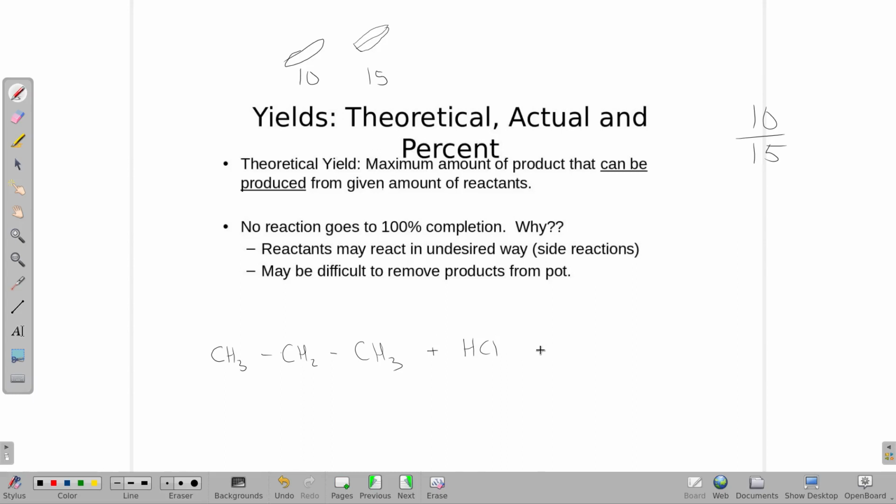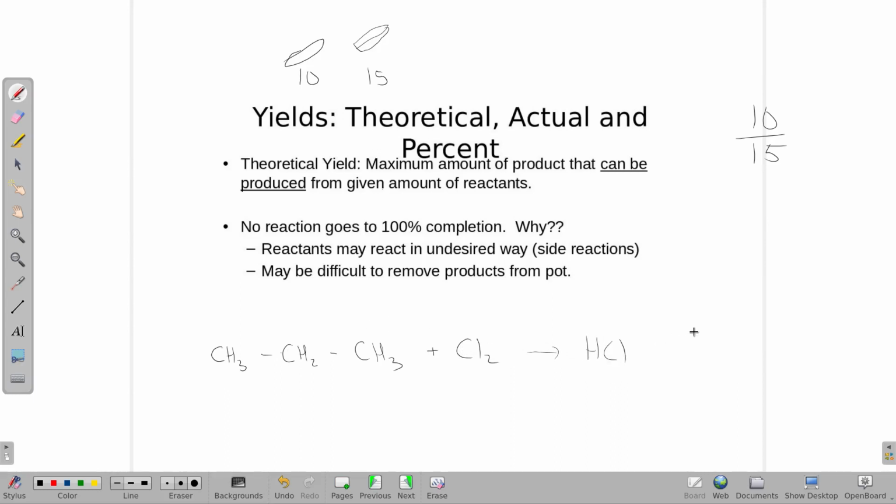And what's going to happen is, not HCl, I'm thinking of a different reaction. I'm going to react it with chlorine. And what's going to happen is one of these chlorines is going to replace one of these H's, and the H that comes off is going to attach to that Cl. So you're going to make some HCl.